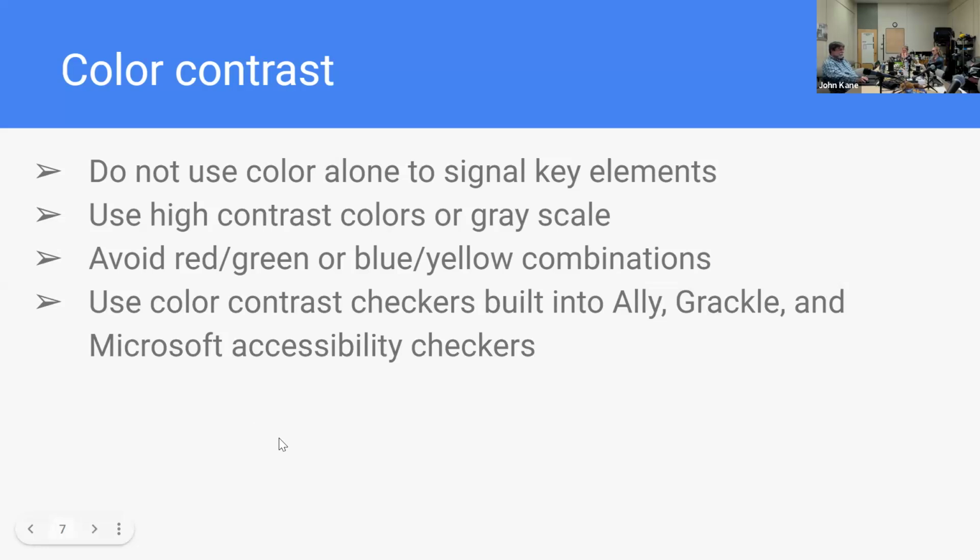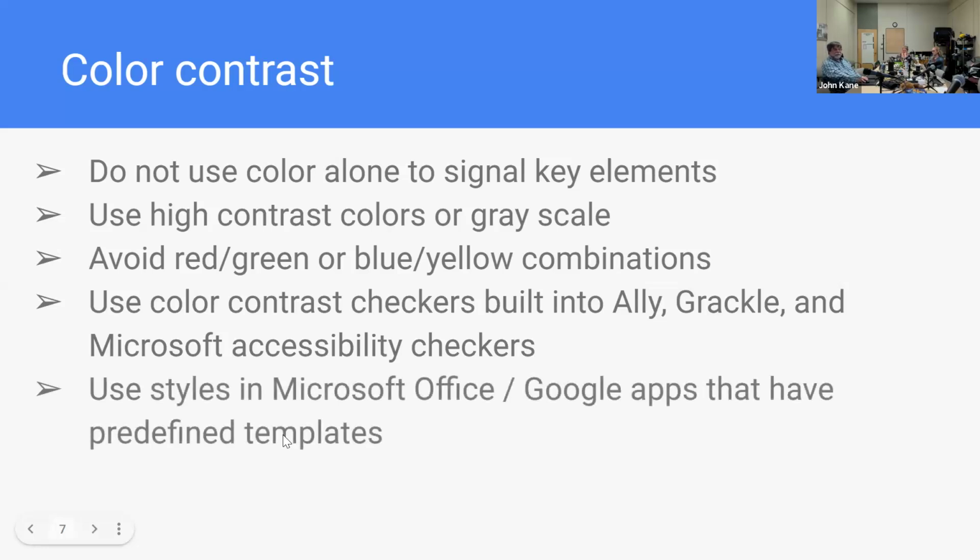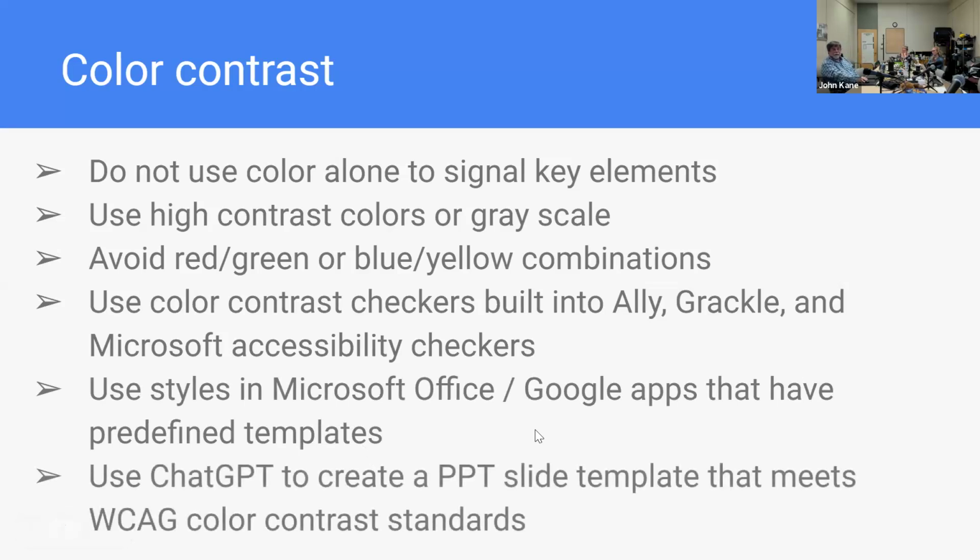One thing you can always do is use the standard templates or create your own templates that already have the color contrast defined, which is probably the easiest. But if you don't like those standard ones, you could ask ChatGPT or other generative AIs to create a slide template that meets your specification while also meeting the color contrast standards, because those are pretty mechanical formulas.